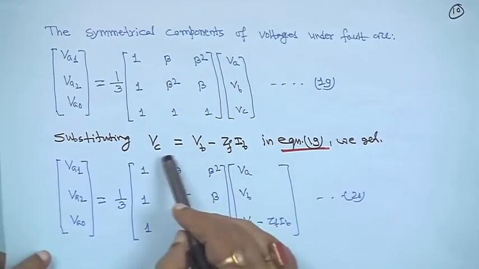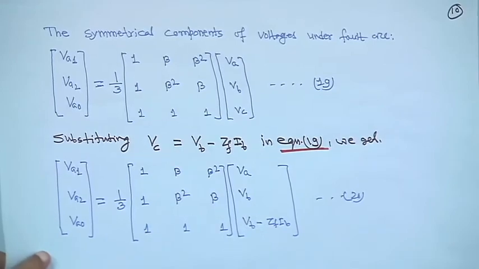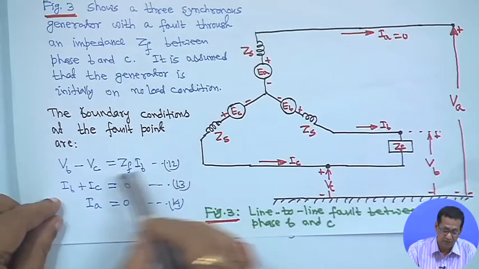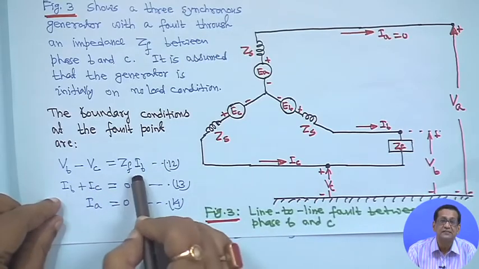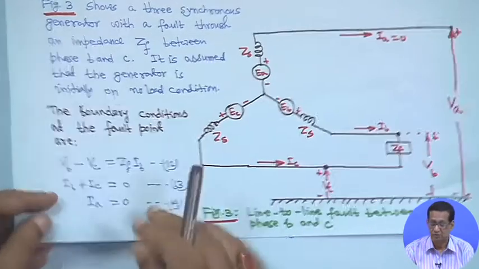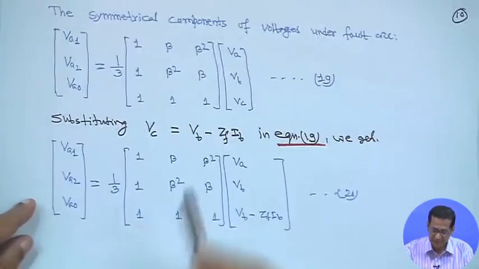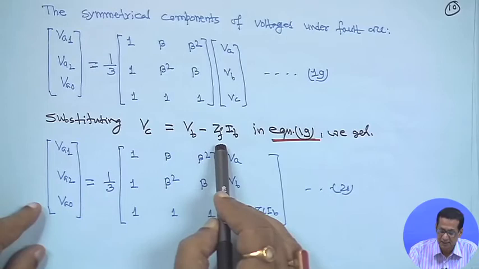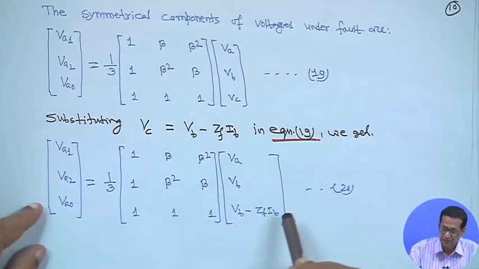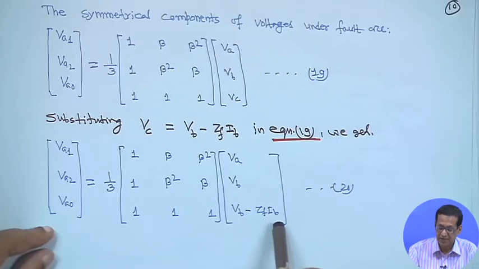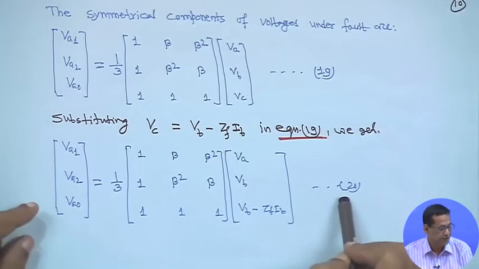Now we know from equation 12 that VC is equal to VB minus ZF into IB. VB will be there, but this VC equal to VB minus ZF IB we are substituting in equation 19. So here it is VB minus ZF into IB, this is equation 20.